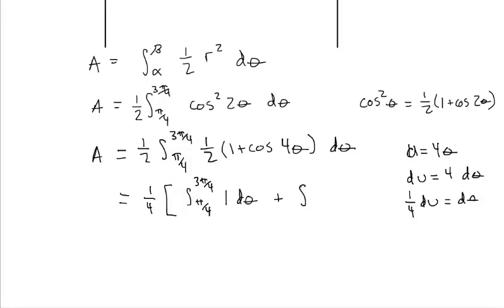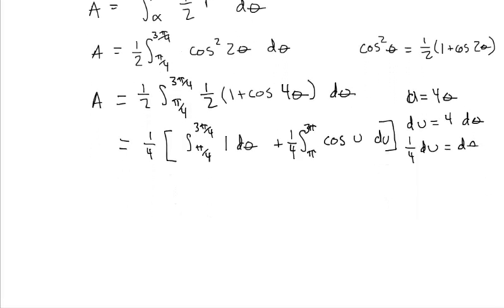So we have a 1/4, which I'm going to put out front, and then we're integrating now cosine of u du, and our new limits of integration are going to be, if we put pi over 4 times 4 gives us pi, and 3 pi over 4 times 4 gives us 3 pi.